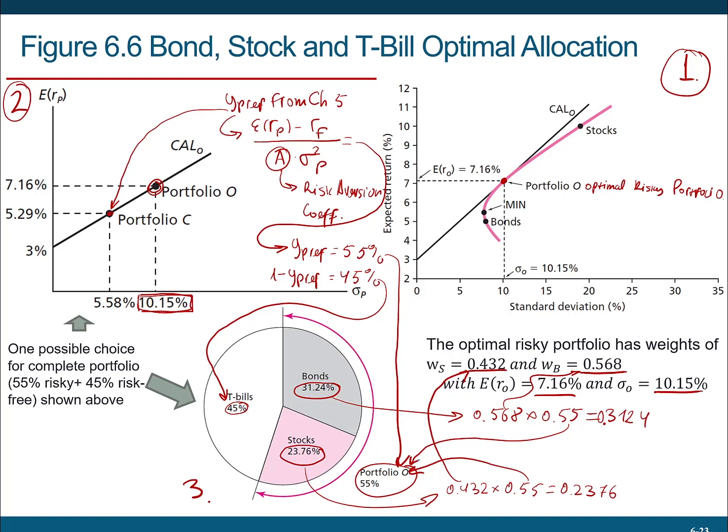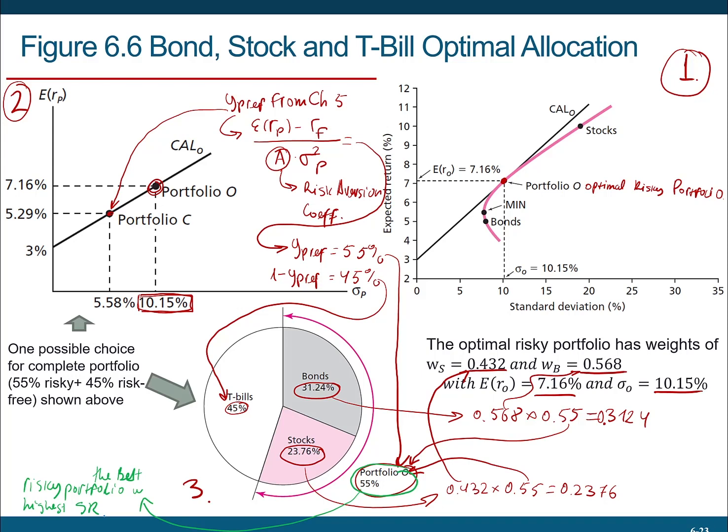So first of all, let me change colors. This portfolio O is actually the best risky portfolio, with the highest Sharpe ratio. And from chapter 5, you know that you really want to mix when you draw your CAL lines.